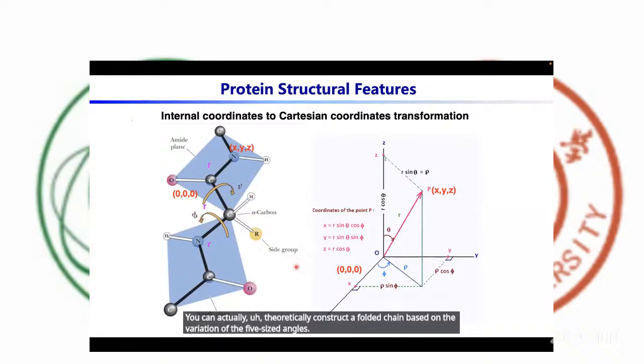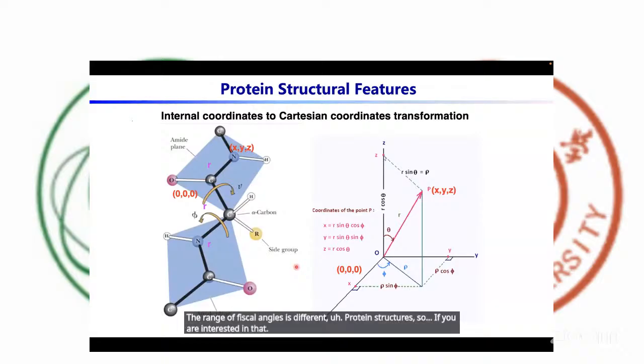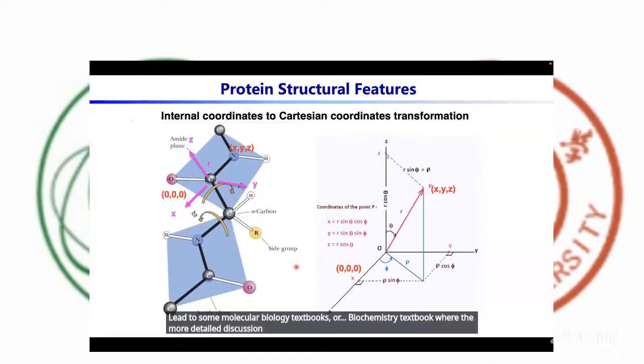There is a whole statistical theory about the range of phi-psi angles in different protein structures. If you are interested in that and have not learned it, I recommend you read some molecular biology or biochemistry textbooks, where there is a more detailed discussion about this.